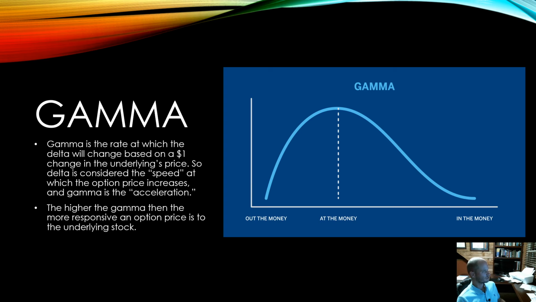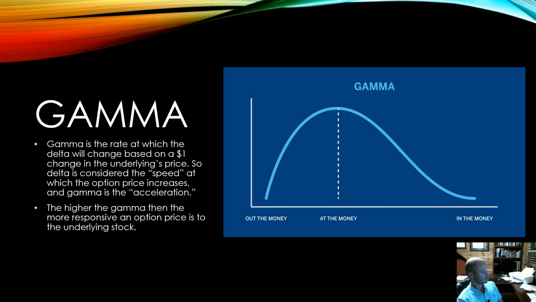Gamma. Gamma is the rate at which the delta will change based on a $1 change in the underlying price. So you can think of it as delta being the speed at which the option increases, and gamma is going to be the acceleration. Okay?